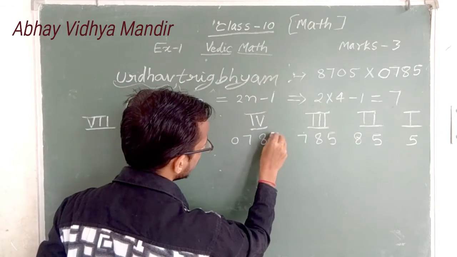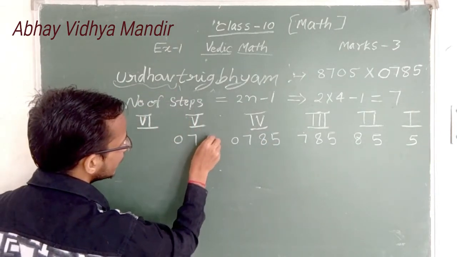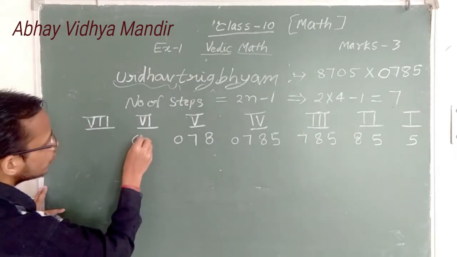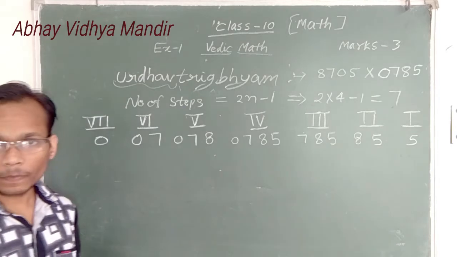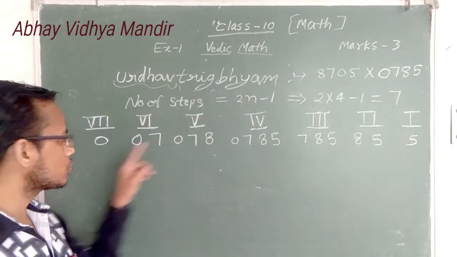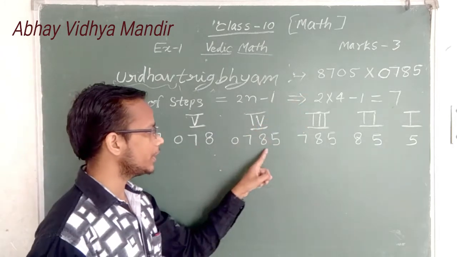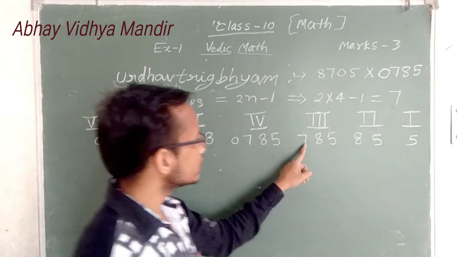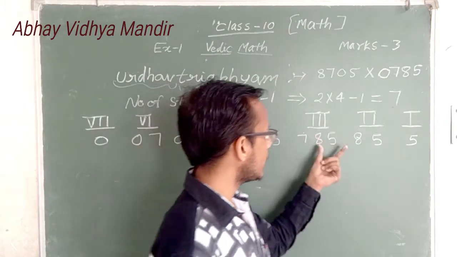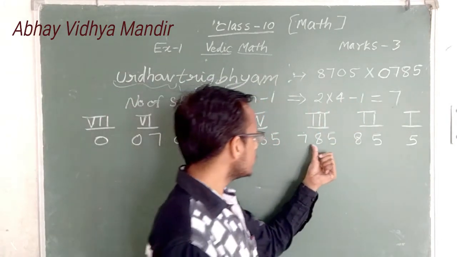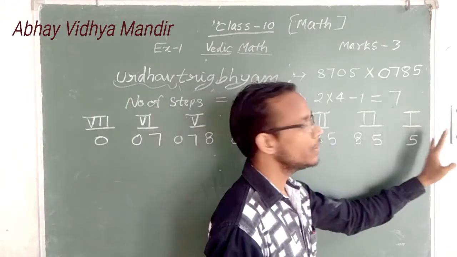Once all four numbers are complete, we decrease: 7 8 5, then 8 5, then 5.